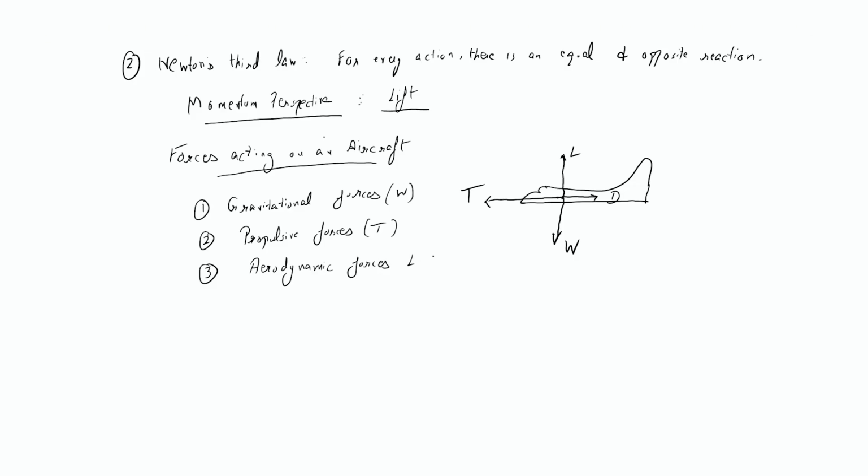Okay, lift and drag will be coming, then the next class, or what is the definition of the lift and drag. So now that we know what are the types of forces that are actually acting on an aircraft, one is the gravitational force, second is the propulsive force, and next is the aerodynamic force.